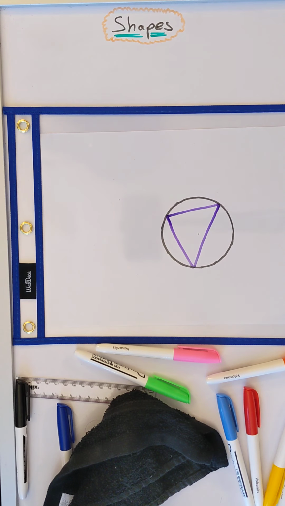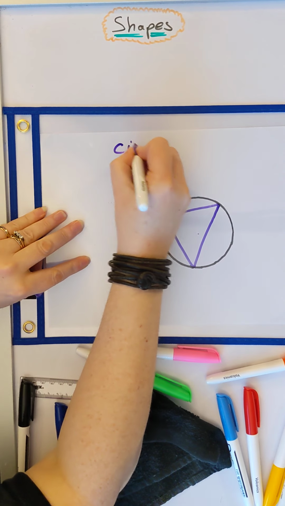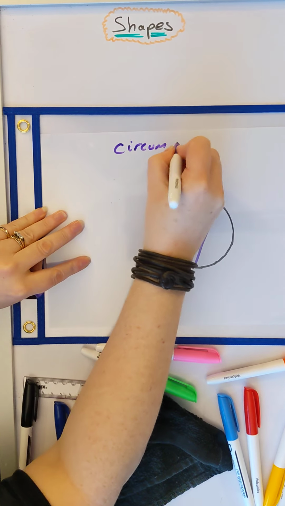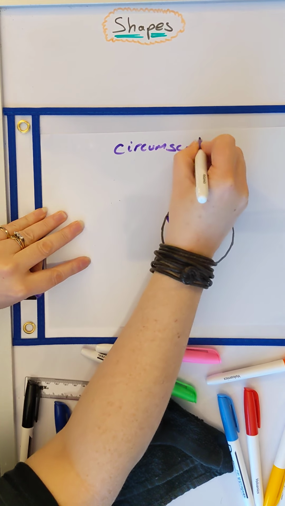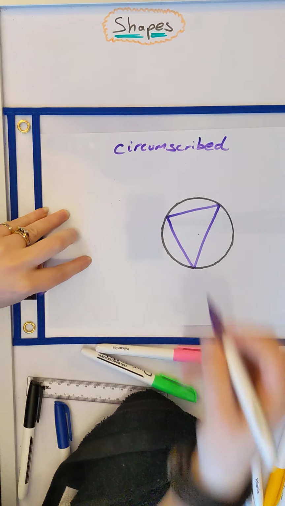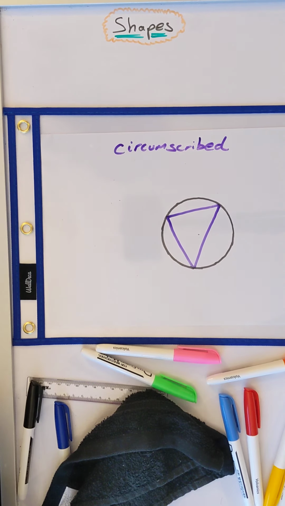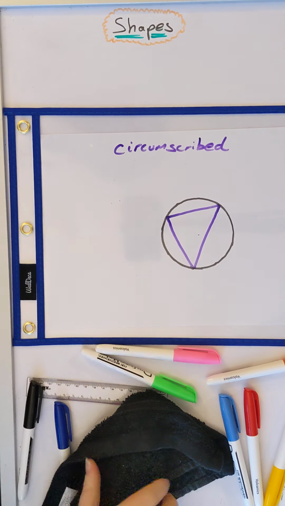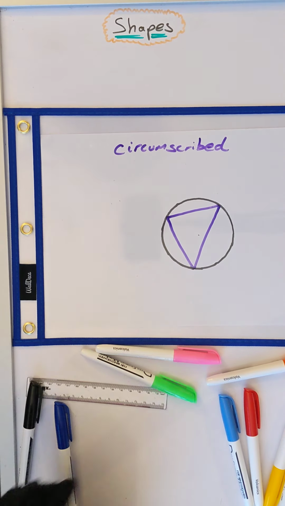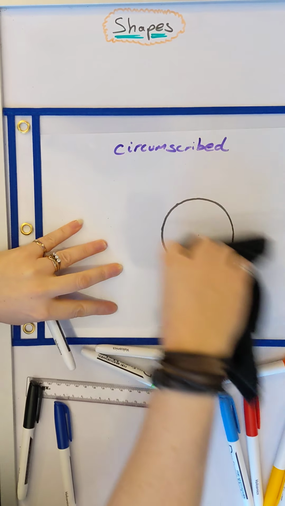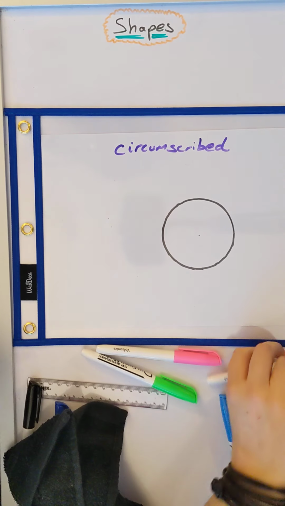It's drawn within a circle, circumscribed. Any shape can be drawn within a circle, and we will always call it circumscribed.